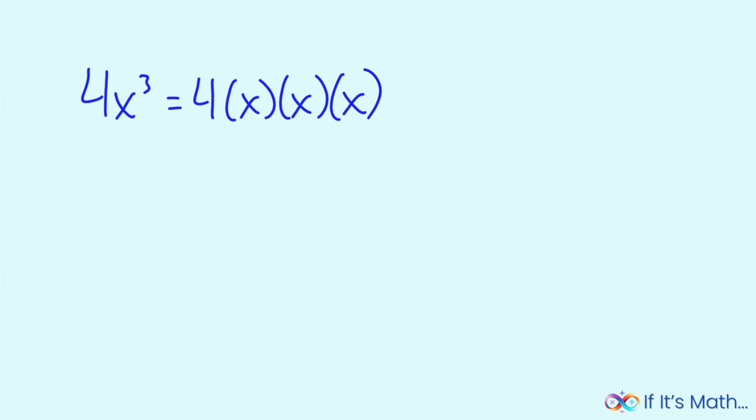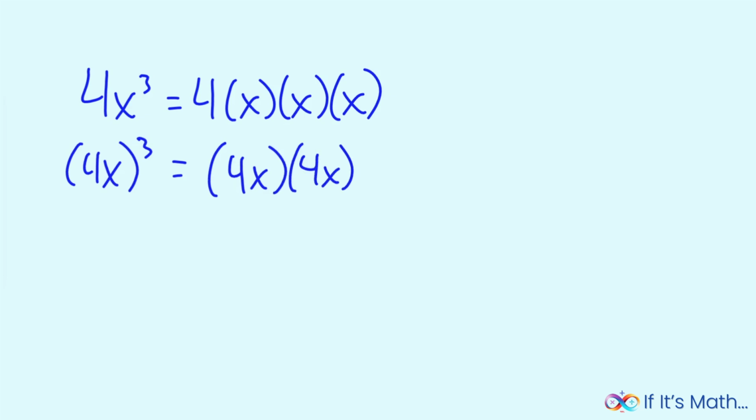You don't have that 4 inside of it. If you did, it would be (4x) to the third, and in that case you would have 4x times 4x times 4x. So that's the big difference there.